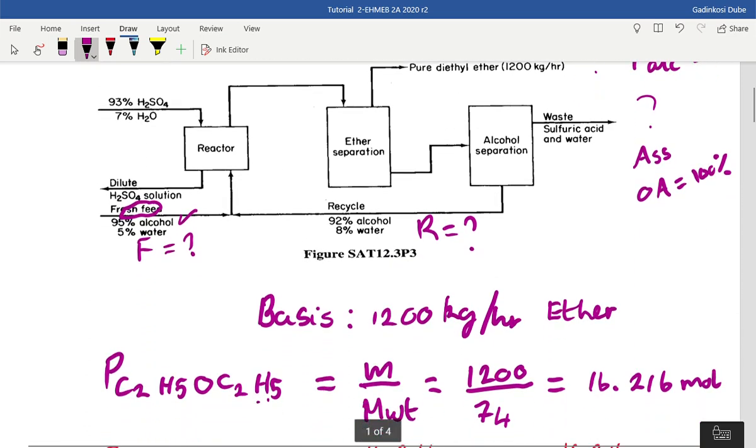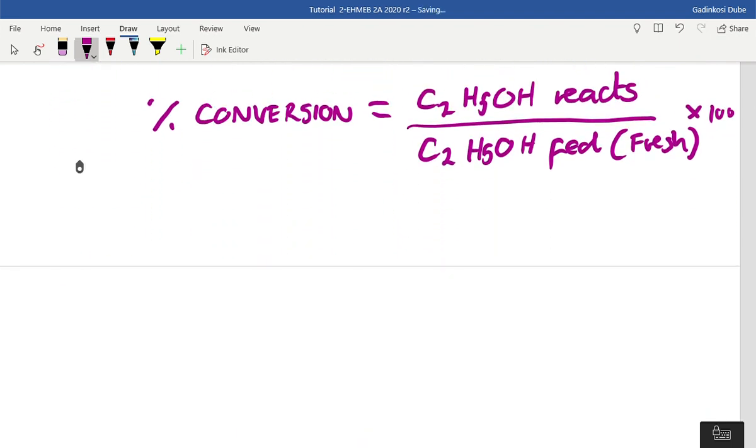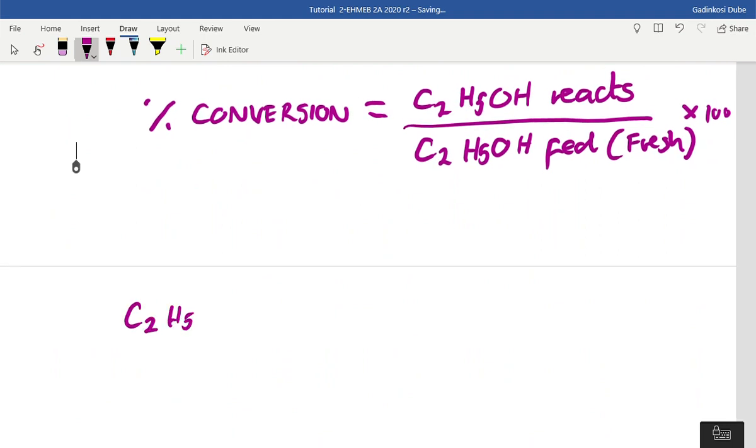So we're looking for fresh feed. Write it down so that you know exactly what you're looking for.